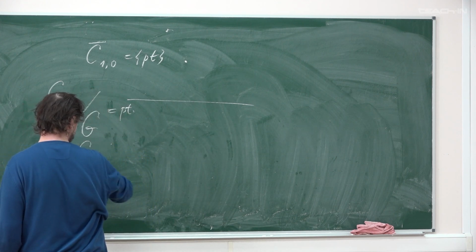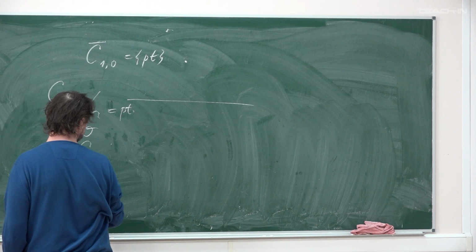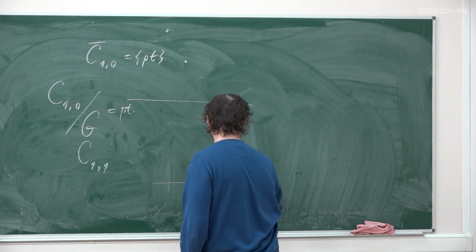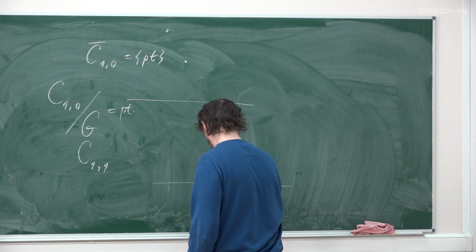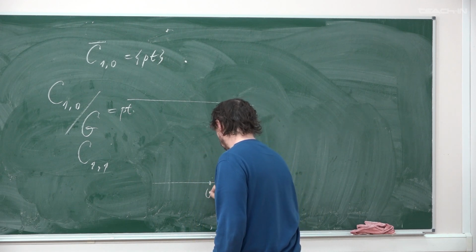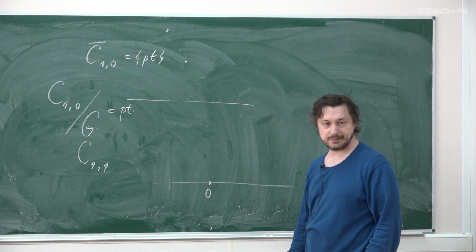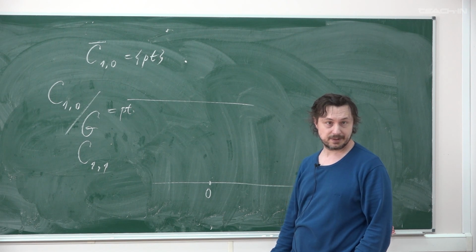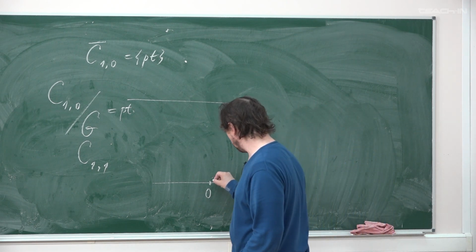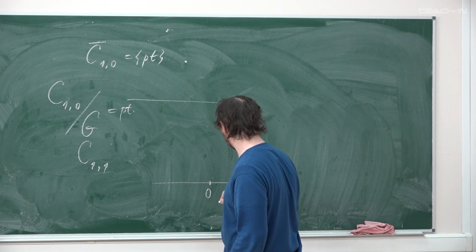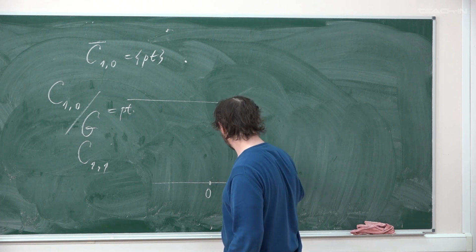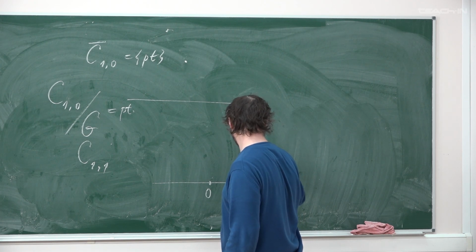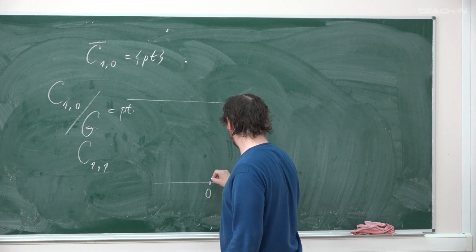It's more interesting to consider C1, 1. There is one point on the boundary which you can move into the origin, but then you'll still have the freedom to change the scale. So you can now rescale everything so that the distance from this point to this point in the upper half plane, I don't know what is the name of this point, P, will be equal to 1.